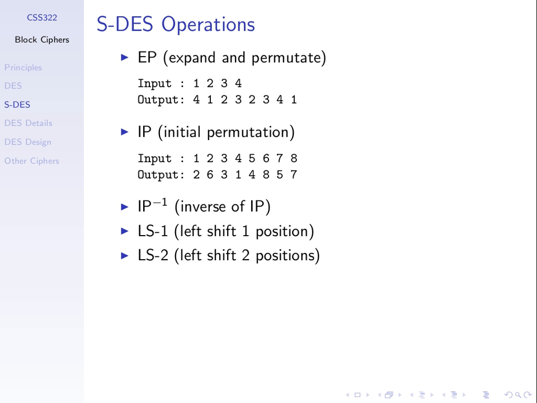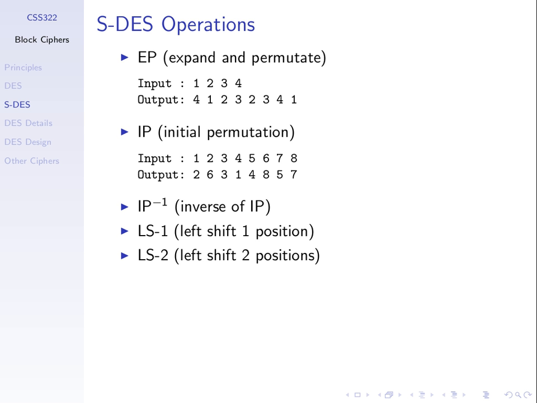Therefore, bit 4 becomes the 1st bit at the output of IP inverse. Next one. Bit 2 moves to position 1 when we apply the initial permutation. So bit 1 needs to move to position 2. So we get 1 there.